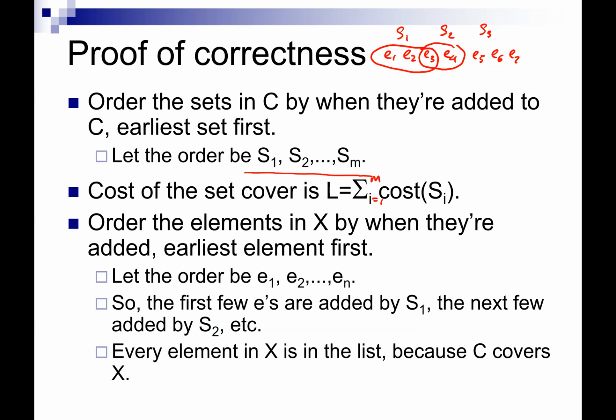Because in the end, if we take S1 up to Sm, this is going to be a set cover, all of these elements are going to be covered. So we can cover all of these elements E1 up to En using these sets.